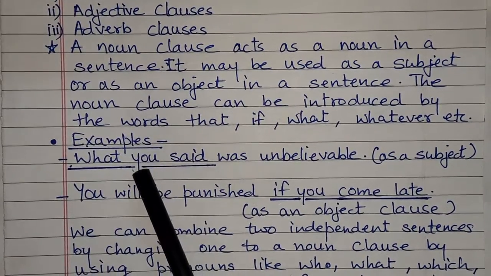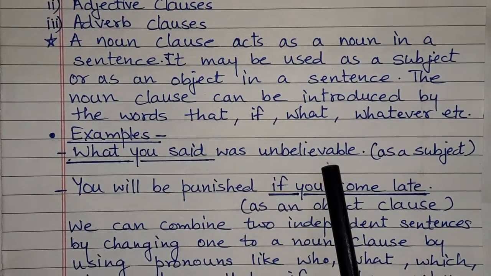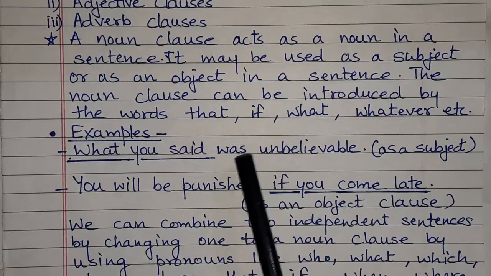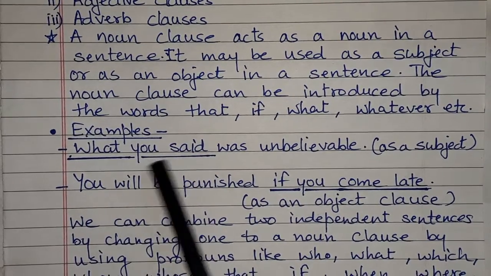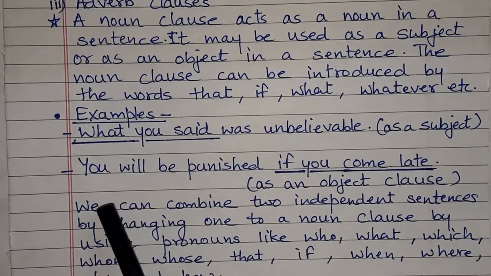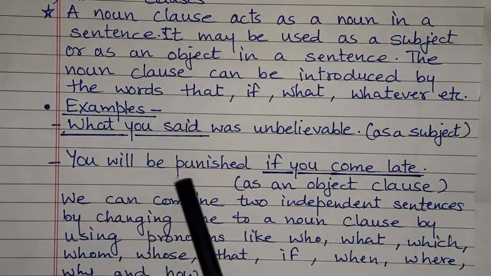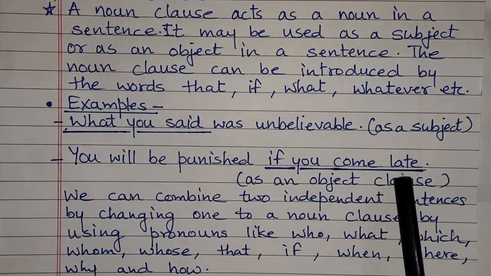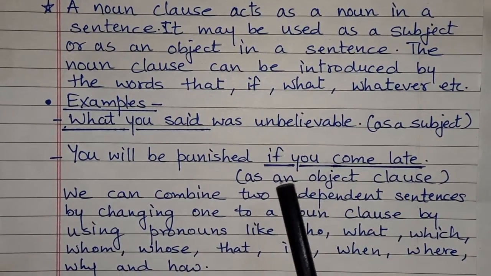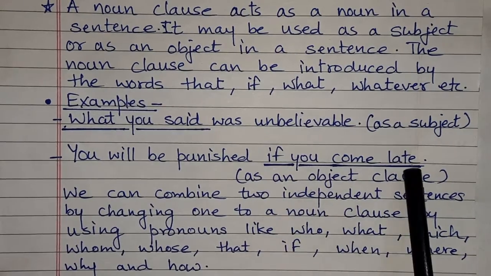For example, what you said was unbelievable. Here it is acting as a subject. In the second sentence, you will be punished if you come late, it is acting as an object.